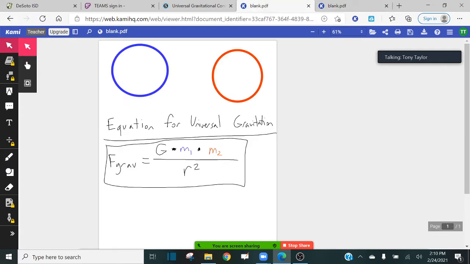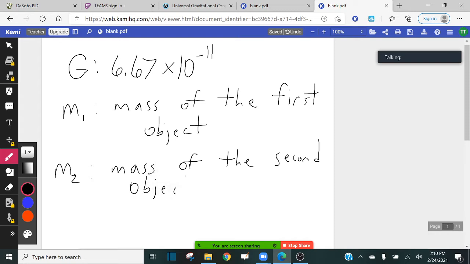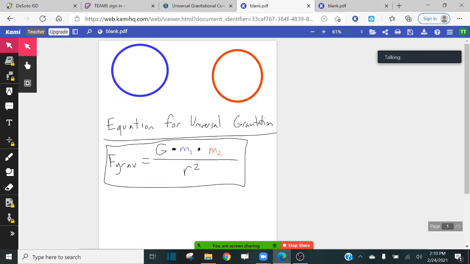M2 stands for the mass of the second object. And lastly, guys, whenever you see R in this equation, R just stands for distance.